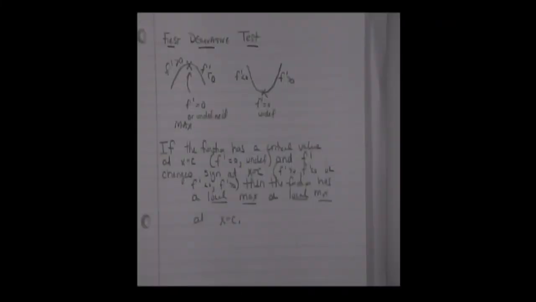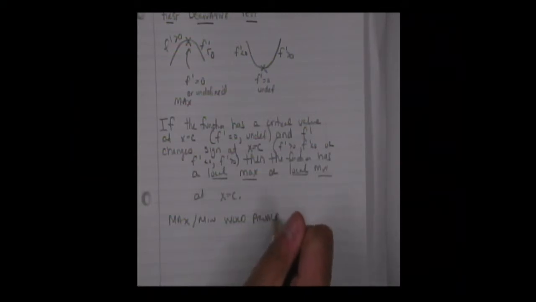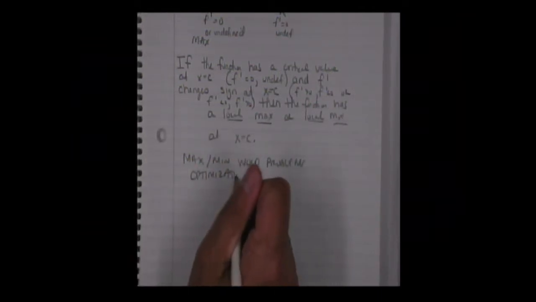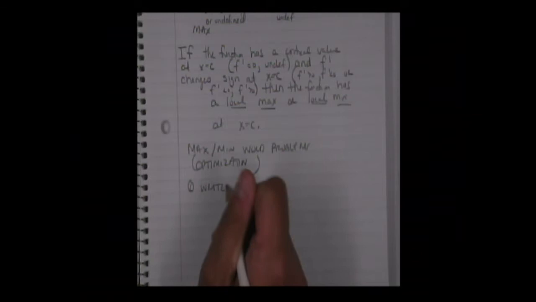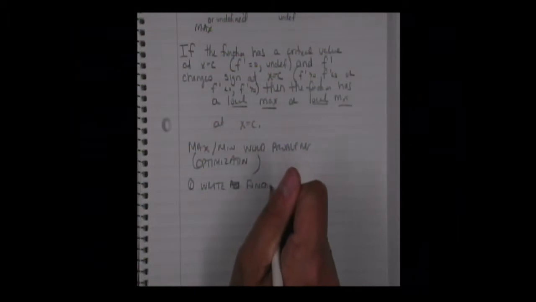Well, what we're heading into is some work where we're going to be trying to figure out where a function has a maximum or a minimum. And so as we're looking for what I'll informally call max-min word problems, and then the fancy term, optimization word problems, the whole goal is going to be to, first of all, write a function.